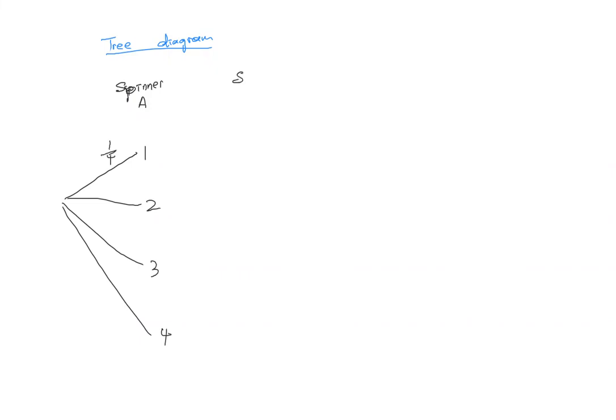Then if spinner A is like that, spinner B can be 1, 2, 3, 4, 5, 6. Same goes with 2 here.